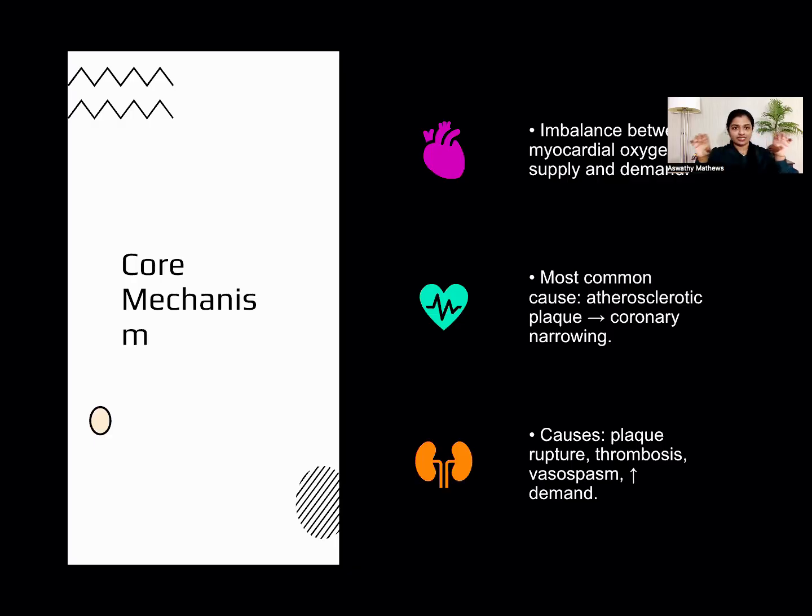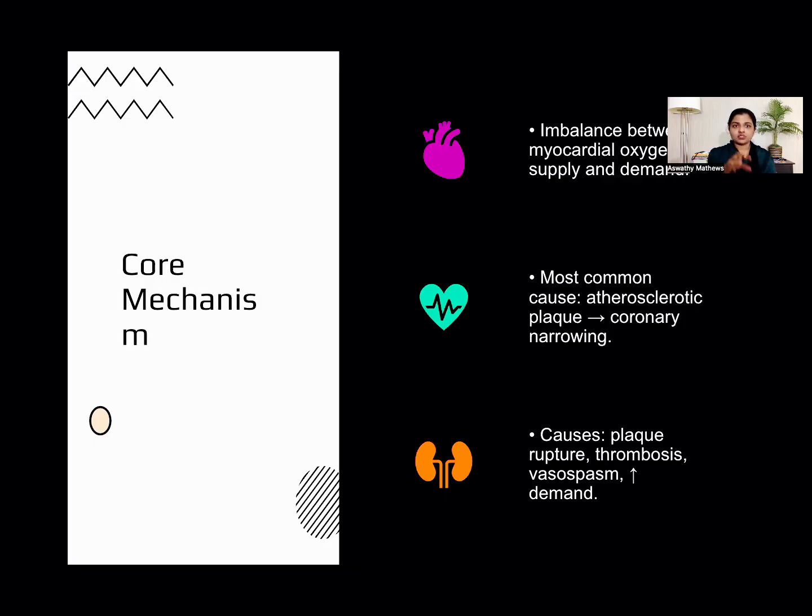Suppose there is atherosclerosis, or fatty deposits, in the blood vessels, and the lumen of the blood vessels shrinks, so the blood that has to go through has to work under more pressure. So the blood that reaches the heart has an imbalance with the oxygen demand and supply. This demand-supply mismatch leads to ischemia.